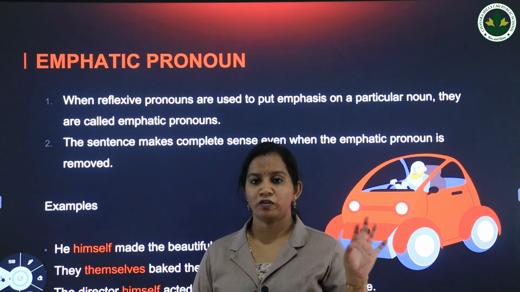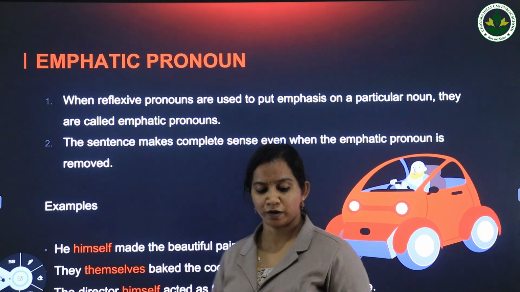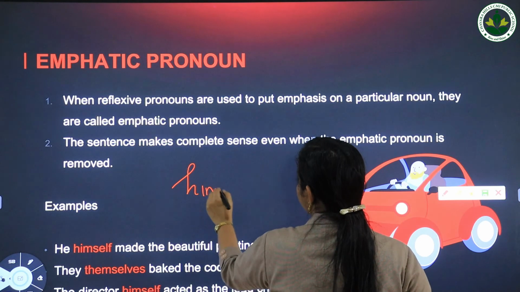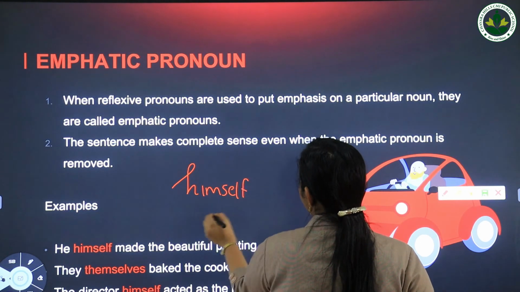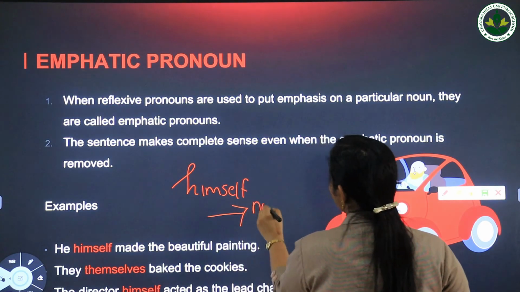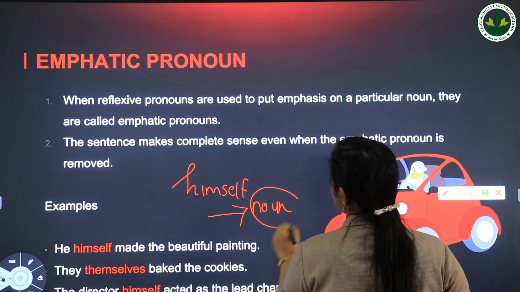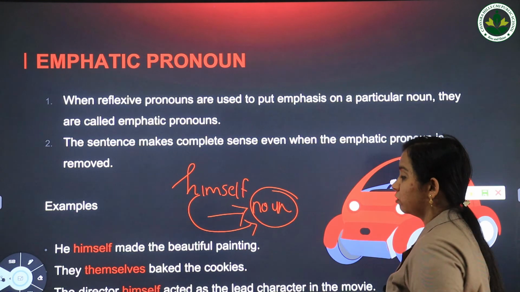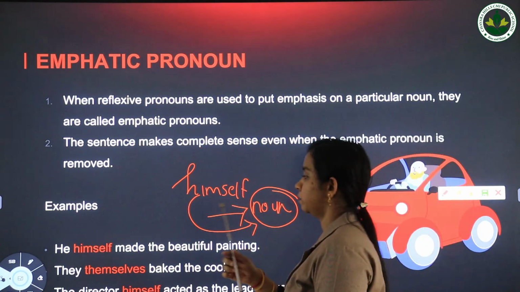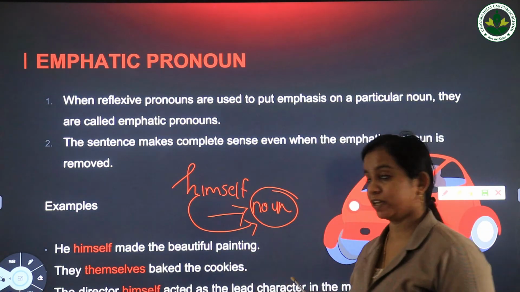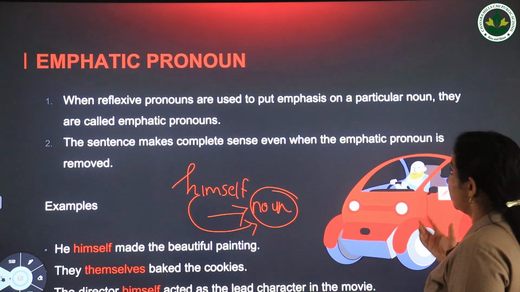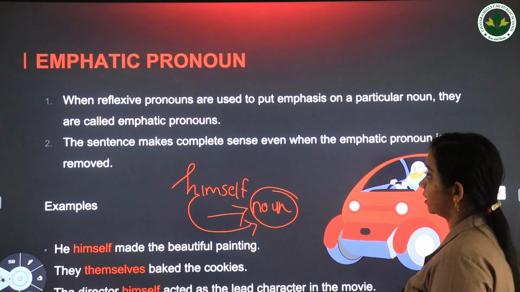For example, you will be using the reflexive pronoun himself, and you want to give emphasis to a particular noun using this reflexive pronoun, then that pronoun will no longer be a reflexive pronoun but rather an emphatic pronoun.